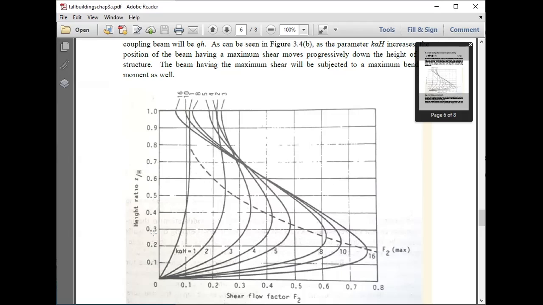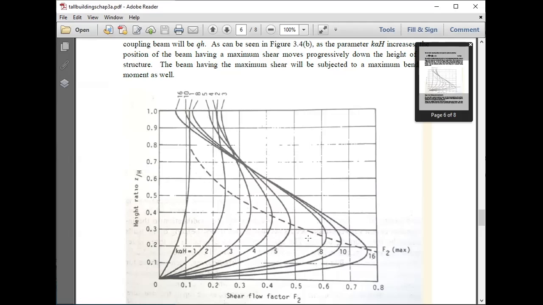The maximum value of Q, and F2 is about 0.58. So Q is equal to 6 into 64 into F2, 0.58.